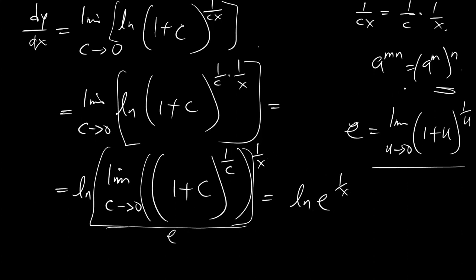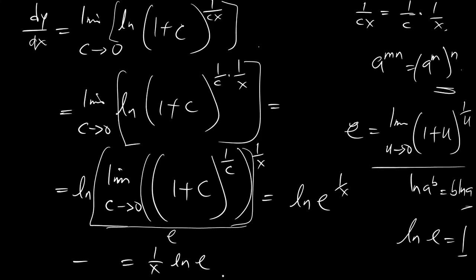Now according to the law of logarithms, ln a to the power b is the same thing as b ln a. So we can now write this as 1 all over x times ln e, and ln e is equal to 1. So this is 1 all over x times 1, which is equal to 1 all over x.